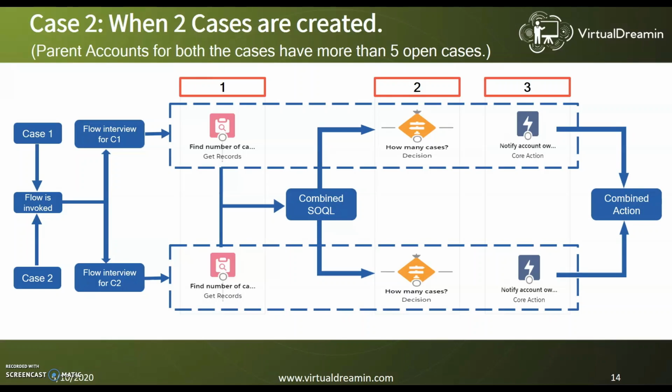It will only count as one action instead of 2 being executed, and that is how the flow bulkification process takes place in the background. That is what I really meant by combining all the bulkifiable elements and collectively executing them as one.